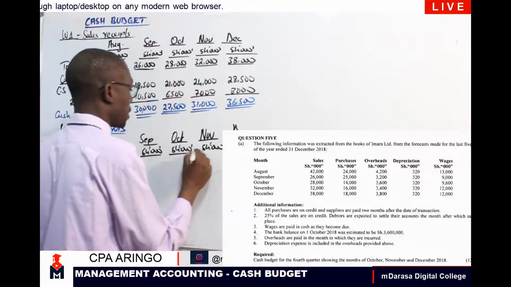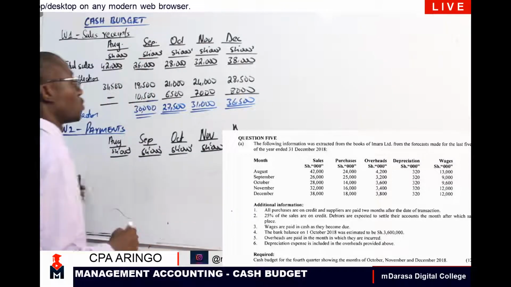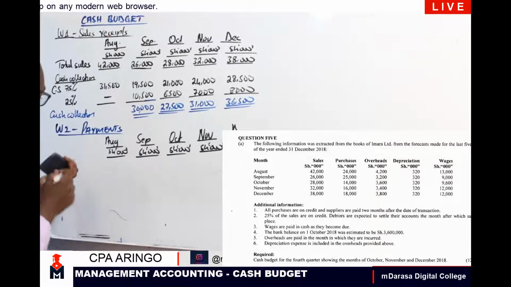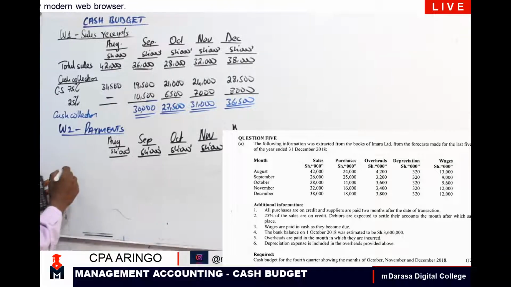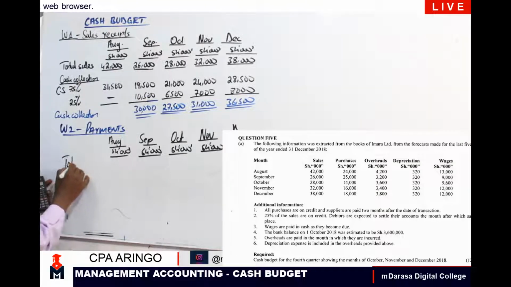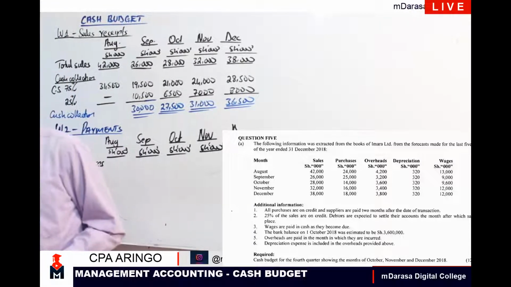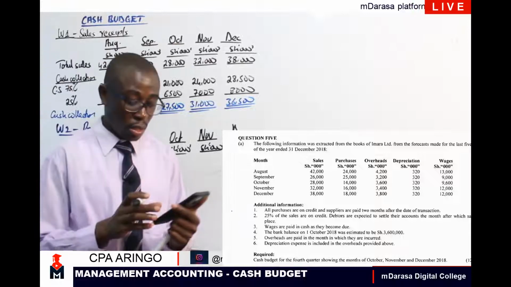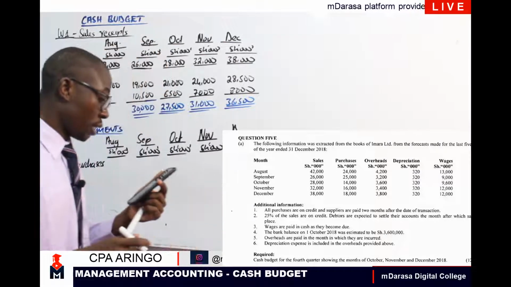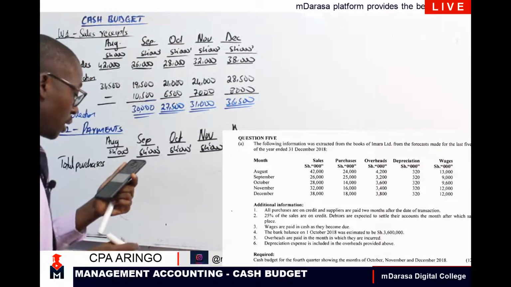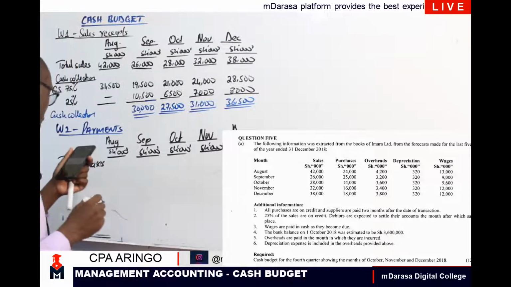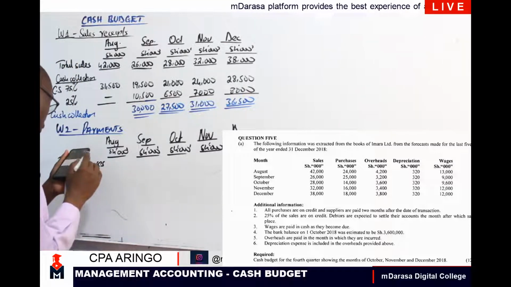Having this case, considering our purchases, first thing first, total purchases. We are given our total purchases. We just copy paste the way it is. If you check in our question, our total purchases were 24,000.